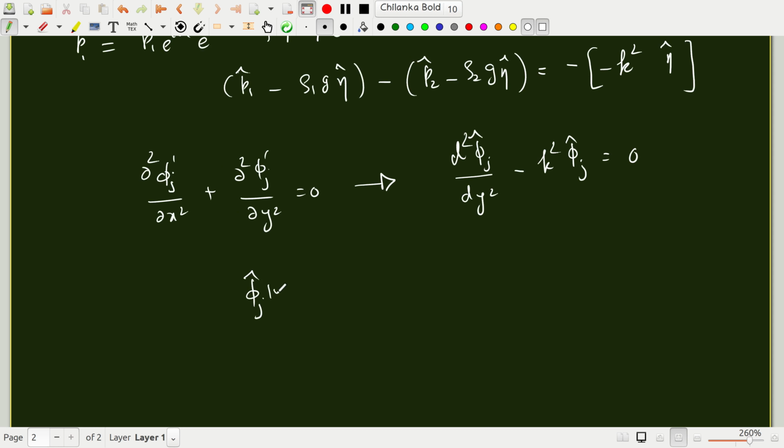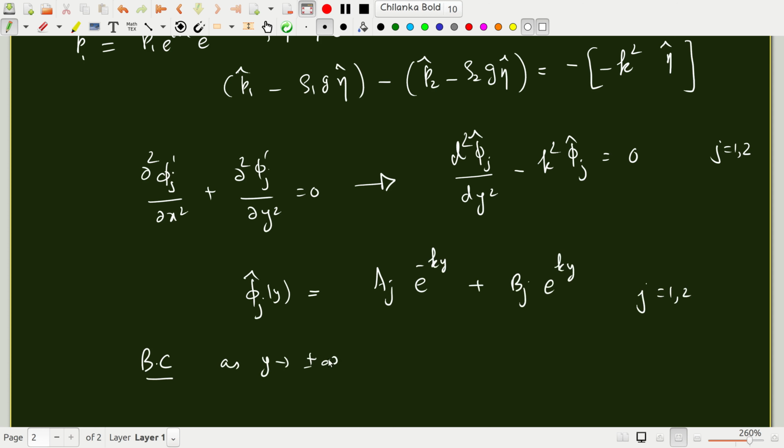So φj cap of y is some Aj e to the minus ky plus Bj e to the ky, j going from 1 to 2 for the two fluids. Now the boundary conditions, as y goes to plus or minus infinity: as y goes to plus infinity, you don't want this term to blow up. 2 is above and 1 is below.